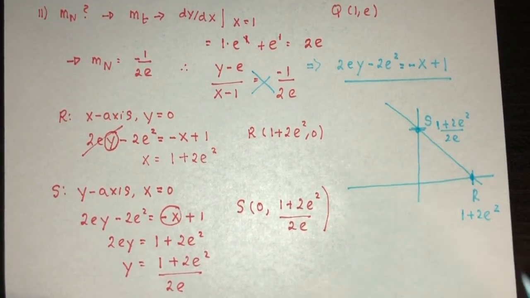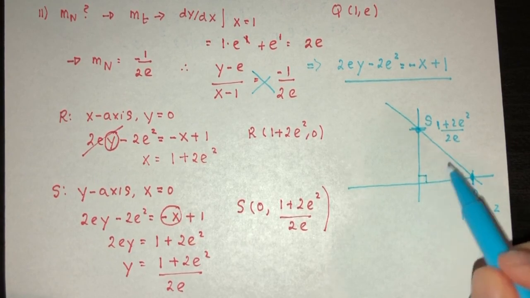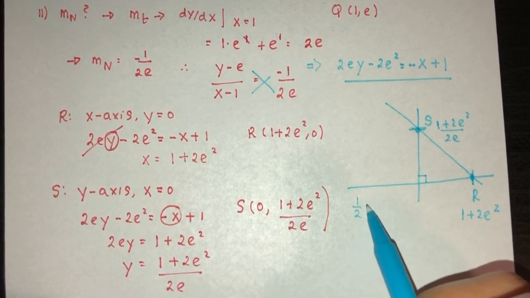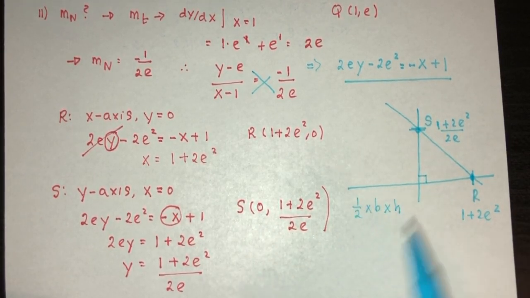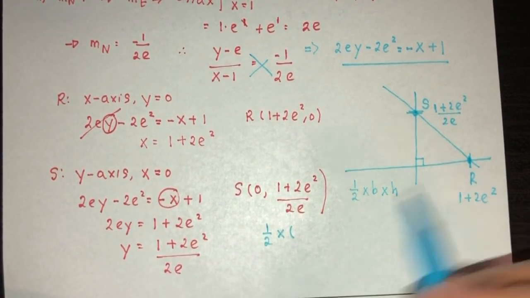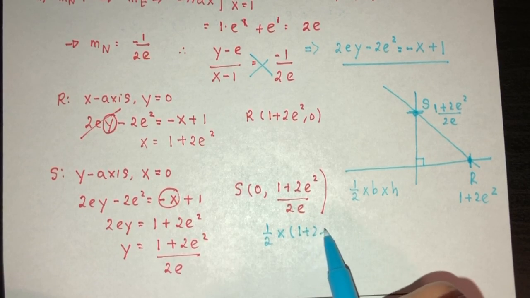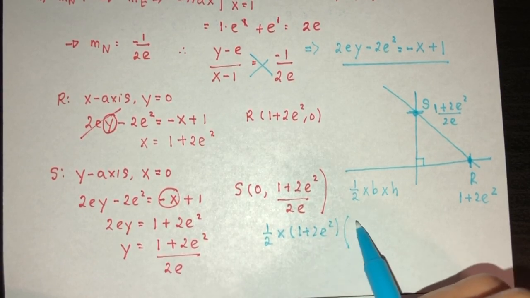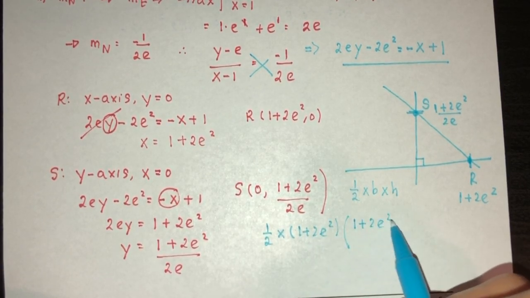Now to find this area, you observe it is simply a right angle triangle, half times base times height. So you will do half times base, which is 1 plus 2e squared, times height, which is 1 plus 2e squared divided by 2e.